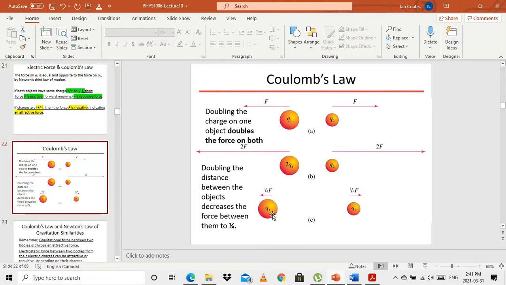You'll remember, if I double the distance, it's the inverse square. So double 2, and then you drop it below the line, 1 over 2 squared. So if you double the distance, the force drops to 1/4. If I triple the distance, the force drops to 1/9. Remember that one?